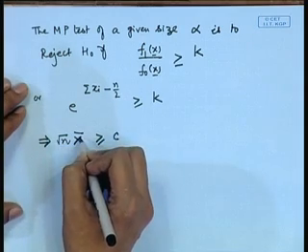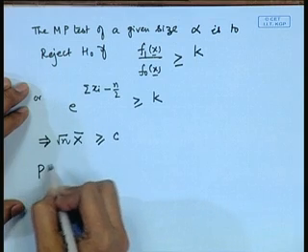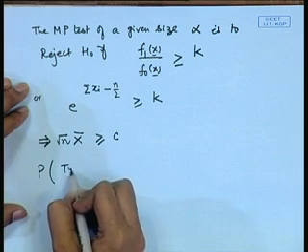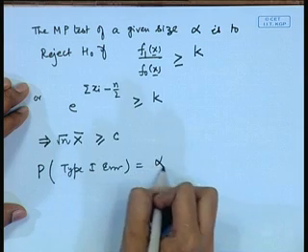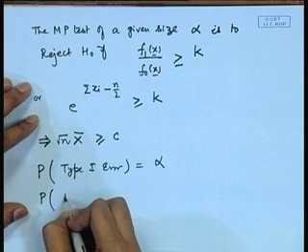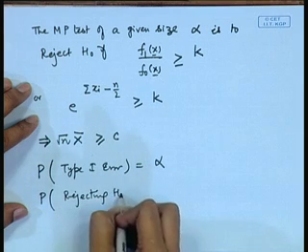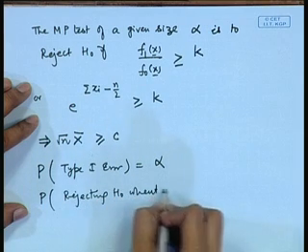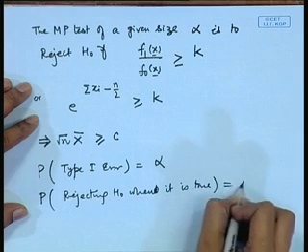Why is that useful? Because we want the probability of type 1 error equal to alpha. So, that is the probability of rejecting H0 when it is true, that is equal to alpha.